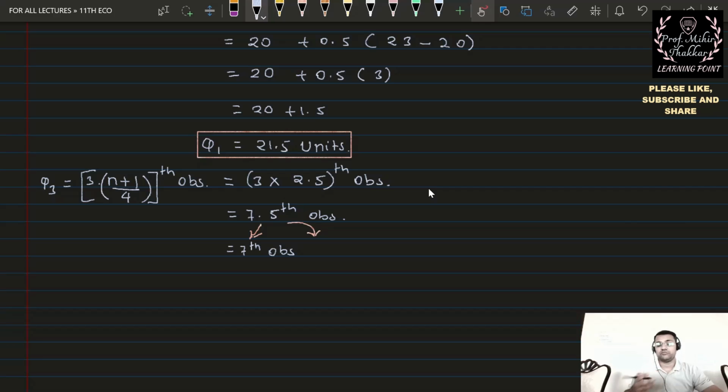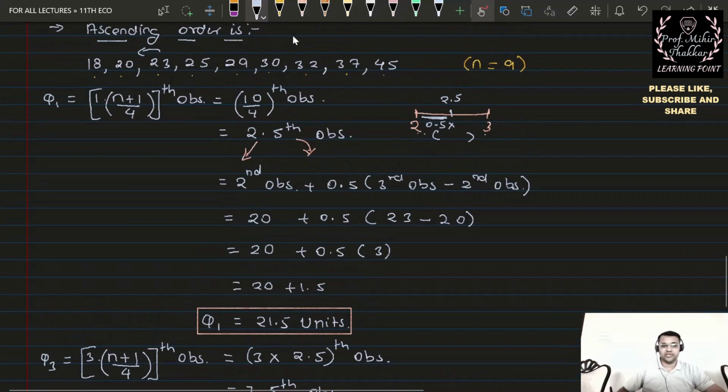Therefore, what we will do is we will multiply the additional distance of 0.5 with the difference between the eighth observation and the seventh observation.